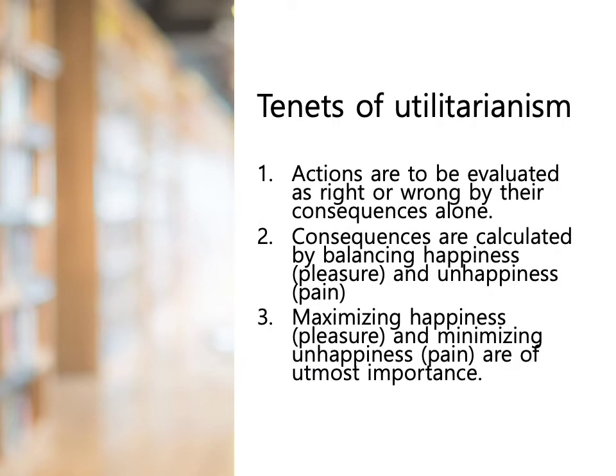There are three key ideas to utilitarianism. First, actions are to be evaluated as right or wrong by their consequences alone. And this is what characterizes utilitarianism as a theory of consequentialism. So utilitarianism is a subset of consequentialism.